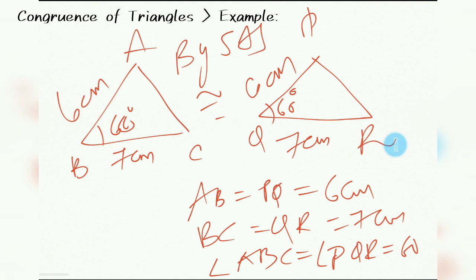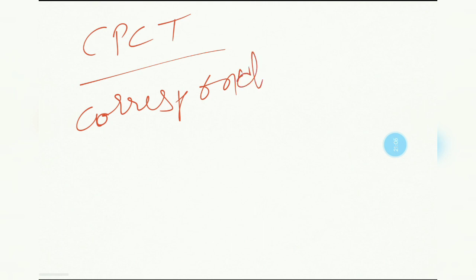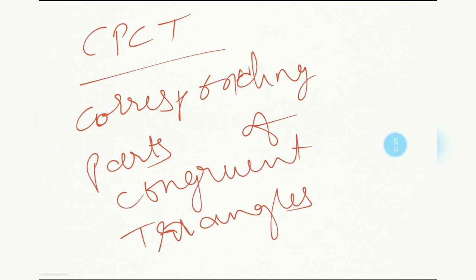And after knowing congruency, you should know something called CPCT. CPCT is nothing but corresponding parts of congruent triangles. So corresponding parts of congruent triangles are equal.